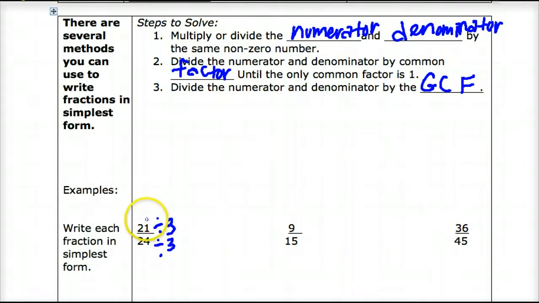So we know that 21 divided by 3 here is going to give us 7. And if we divide 24 by 3, that is going to give us an 8. And you're going to notice that 7 cannot be taken any lower than it already is. So since both numbers cannot be lowered at all by factors, the simplest form of 21 24ths is 7/8.